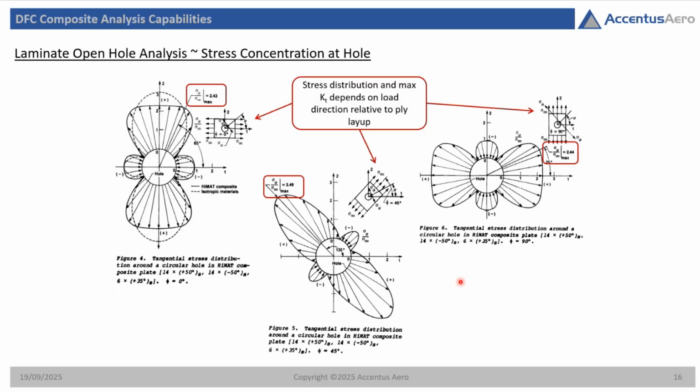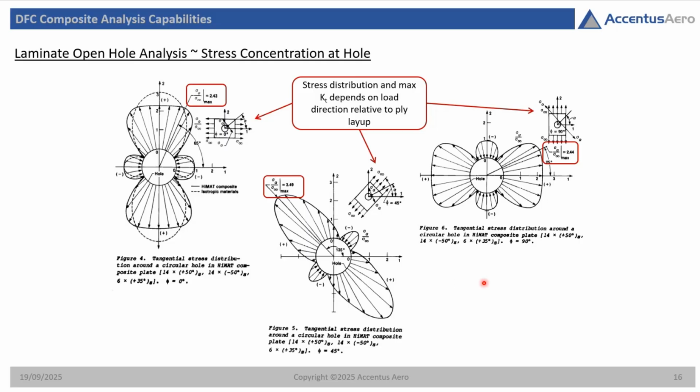But for composites, stress concentrations are a real thing because composite materials mainly have all linear behavior. So stress concentration is a real thing if you want to do static analysis. Just back to isotropics, we don't ignore stress concentrations because we use them for fatigue analysis, but not necessarily for static analysis. All right, coming back to the composites.